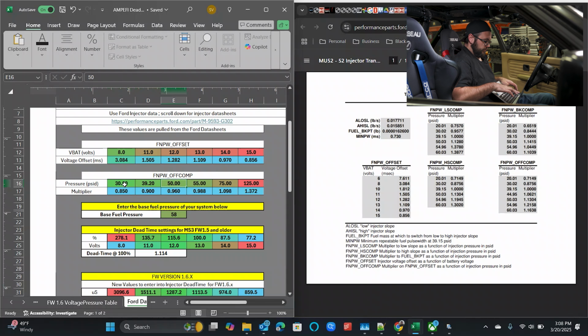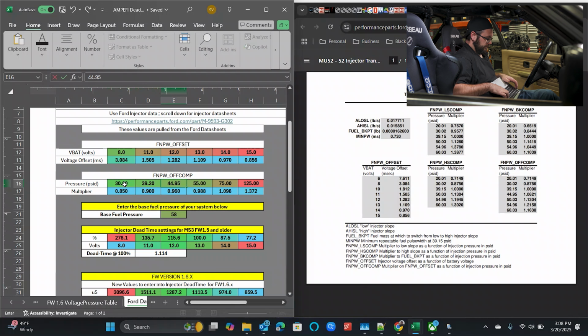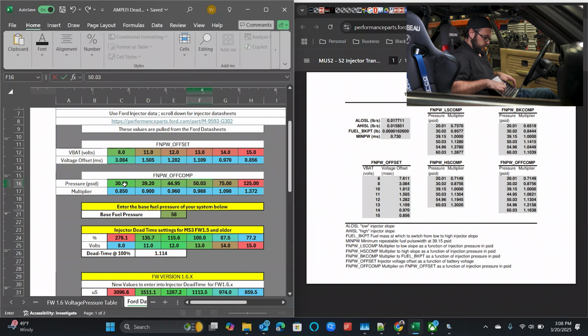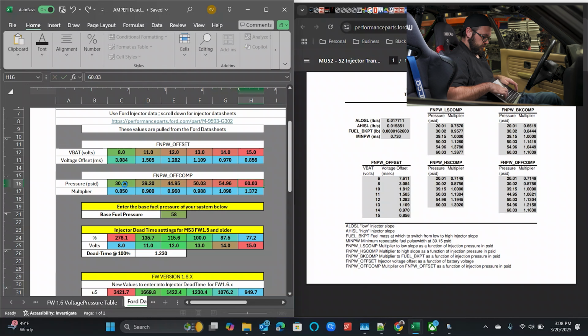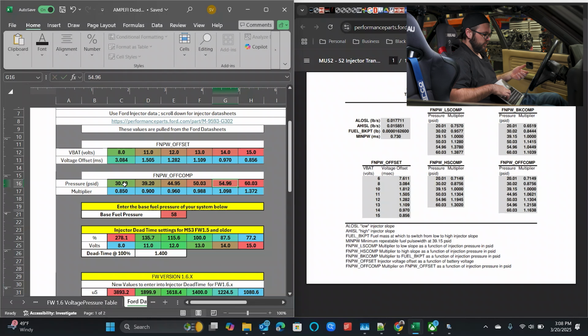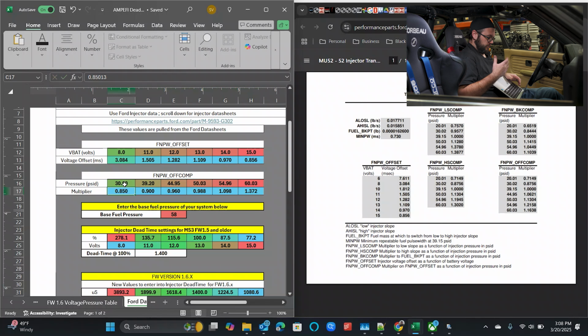Looks like we've got 39.15, we've got 44.95, 50.03, 54.96, and finally 60.03. These very small numbers, you could probably do some rounding here if you want to move through it quickly.